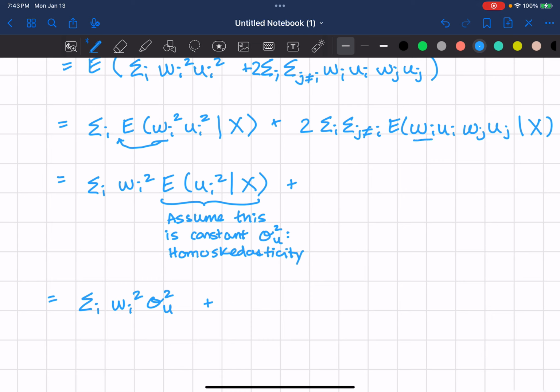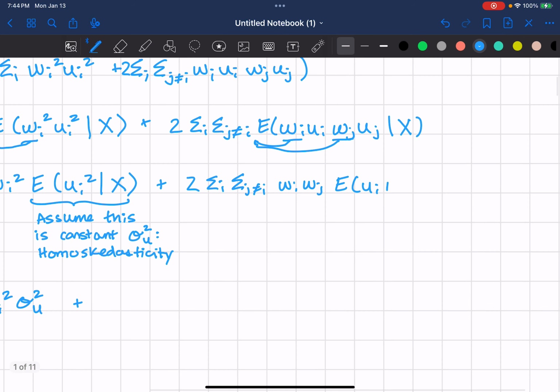Conditioning on X lets us take wi and wj outside of the expectations. So now we have 2, sum over i, sum over j not equal to i, wi wj, expectation of ui uj conditioned on X. And we want to assume something about this term here. In particular, we want to assume that it's 0.